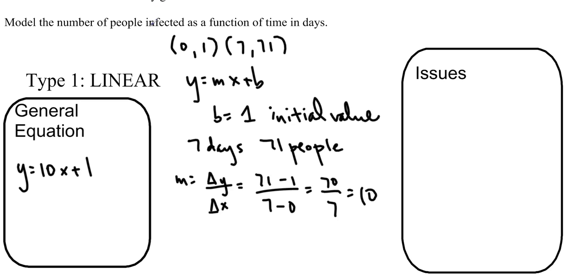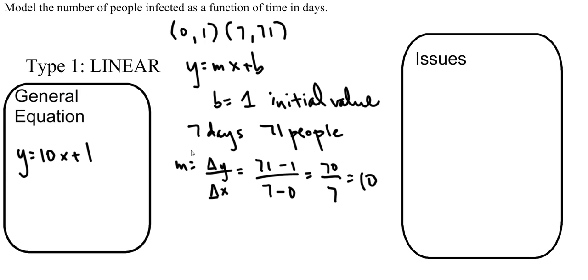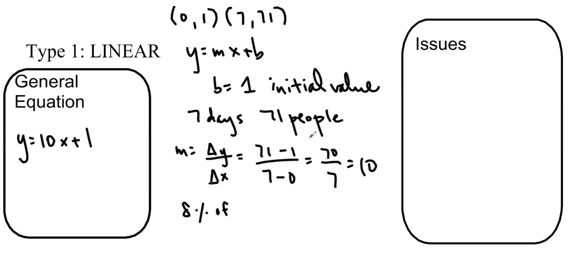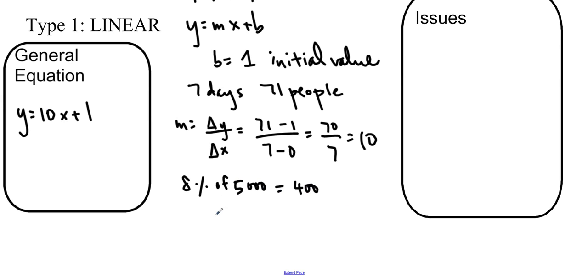Of course, it does say that it only applies for 8% of the population infected, so we do need to figure out what that is. So 8% of 5,000 people. You type that into your calculator, 0.08 times 5,000 is 400. So we want to figure out when exactly that is so we can limit our equation.